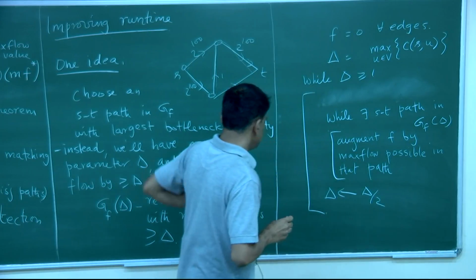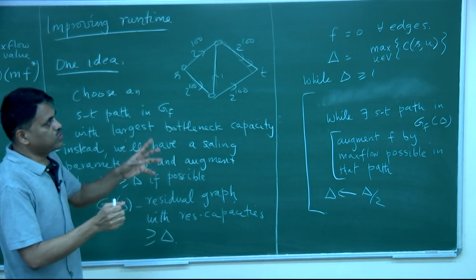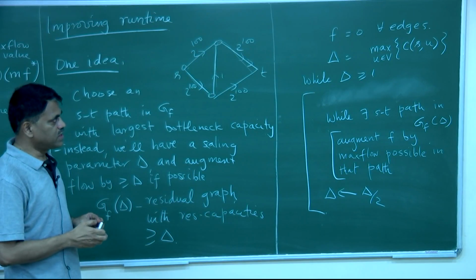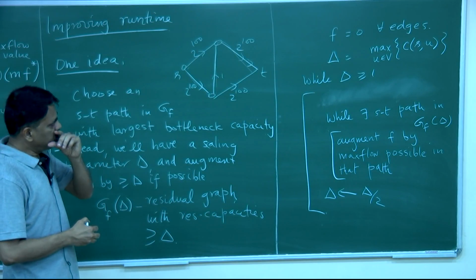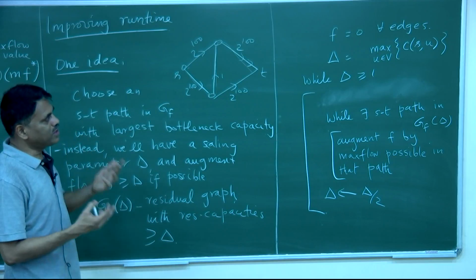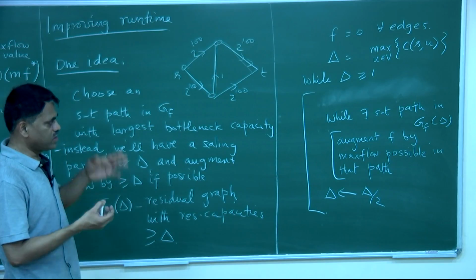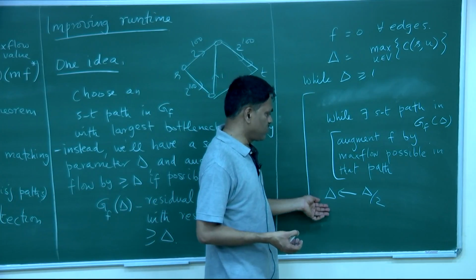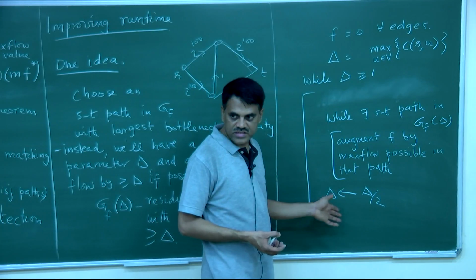So of all the edges coming out of S, pick the one which has the maximum capacity, and that's going to be my initial delta. But I'll keep delta to be a power of 2 so that it'll always be an integer and I don't have to deal with fractions here.